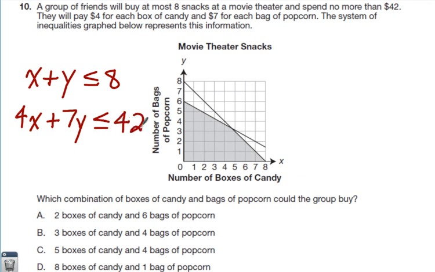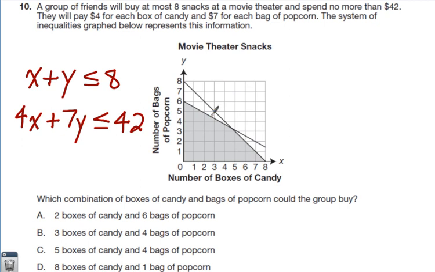So I probably didn't need to write all this down, but I just wanted to show you that this would have been the system of inequalities. But they already graphed it for you, and I bet that means they were doing you a huge favor. I bet all you really need is to end up looking at the graph, okay?